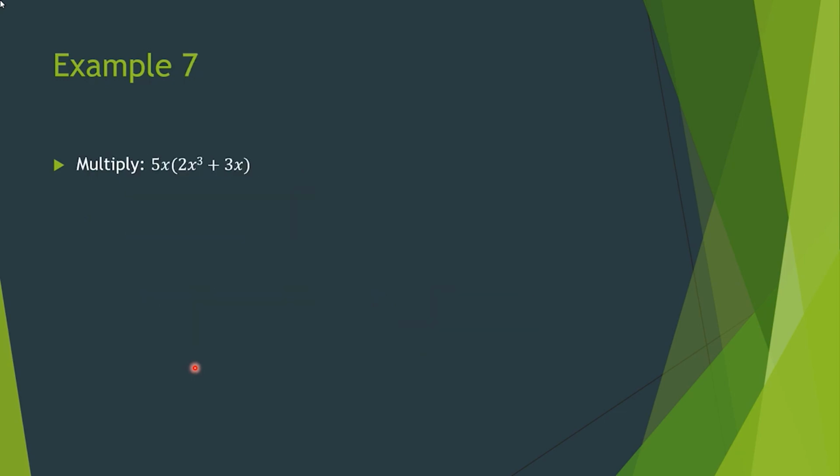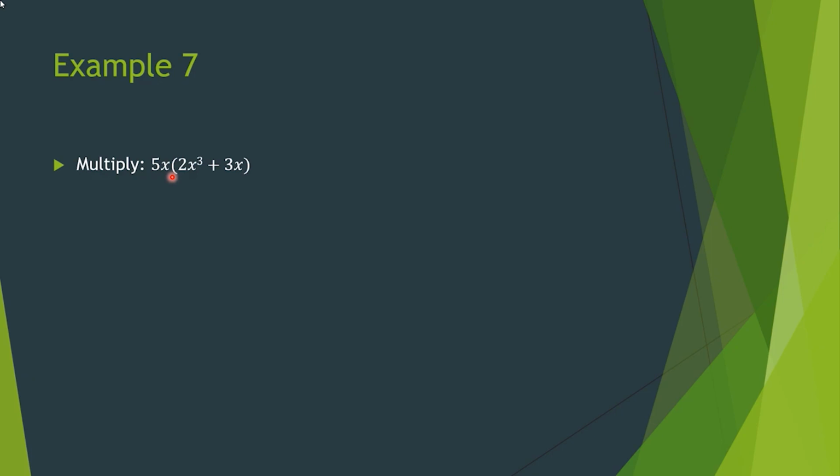So now let's look at some multiplication. We're going to start off easy and then look at some harder examples. So here again, when you're multiplying polynomials, you won't necessarily see the sign of the multiplication operator.